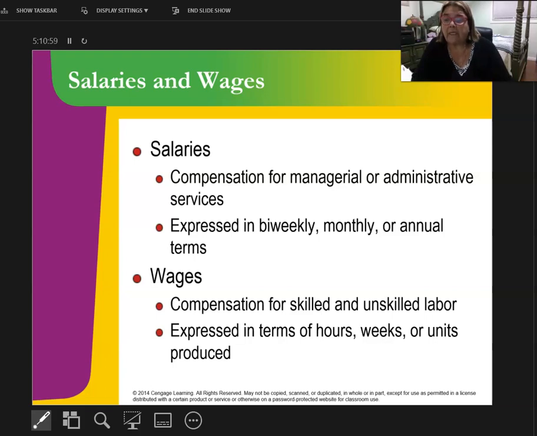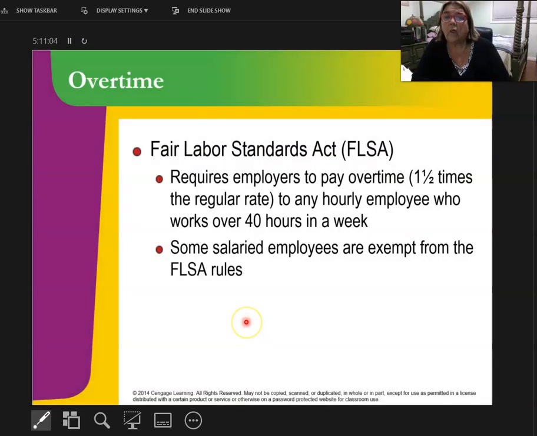Now, I am doing this in California, and California has certain labor laws. The biggest and only labor law we have in California right now is overtime. And the Fair Labor Standards Act, or the FLSA, says this: I have to pay you overtime, and overtime constitutes 1.5 times my regular rate to any hourly employee who works over 40 hours in a week.